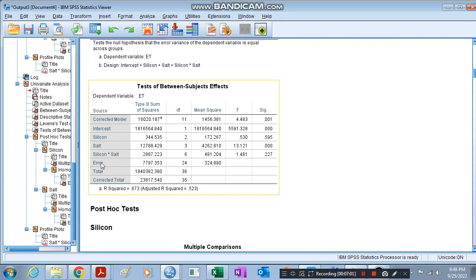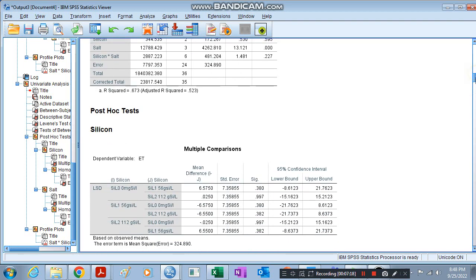So it has a significant effect on the evapotranspiration of the crop. When we see the interaction effect of these two factors, the interaction has no significant effect either. You can see here it's not less than 0.05.